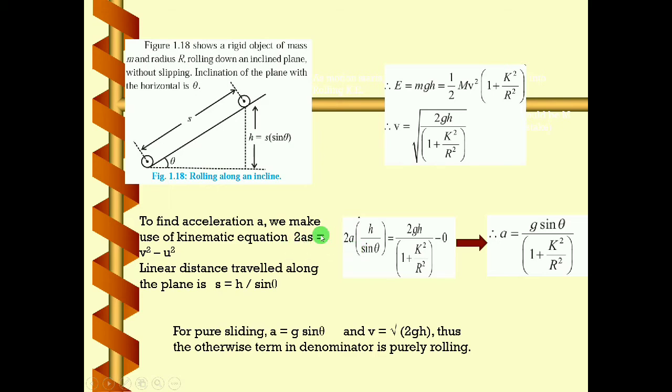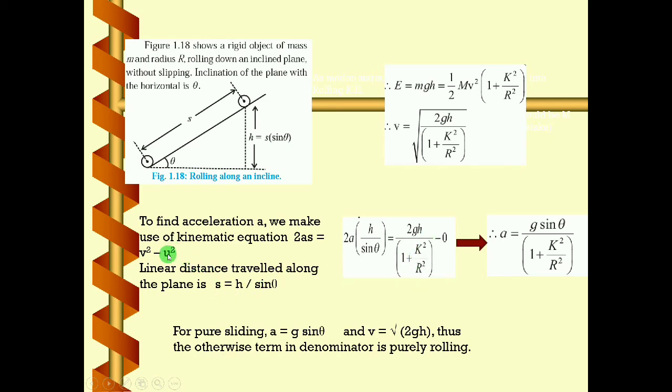So 2a as it is, instead of s I am writing h upon sine theta. And this I am equating to v square minus u square. So v square is the square of this whole term. The square root and square cancel and you can write directly 2gh divided by 1 plus k square by r square.